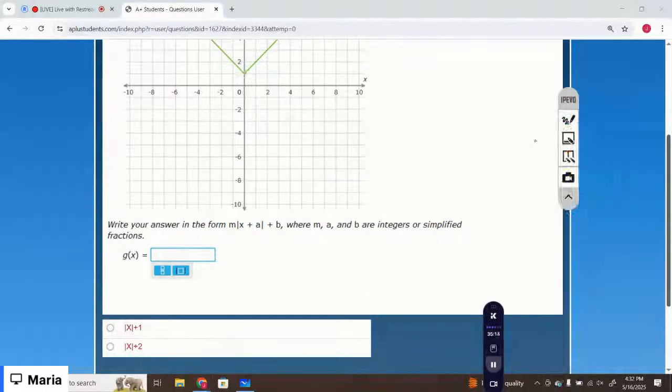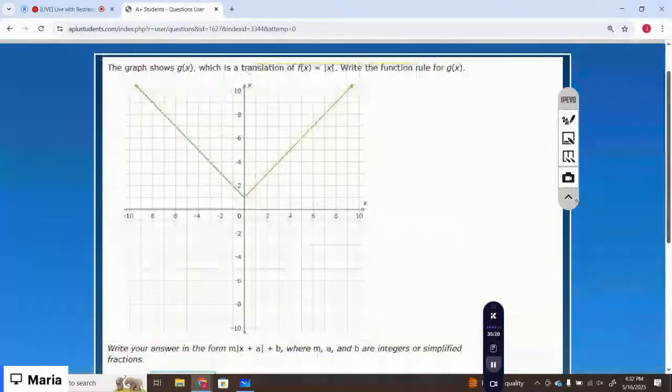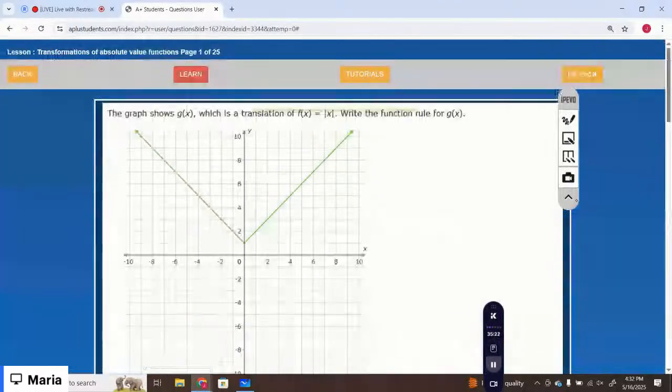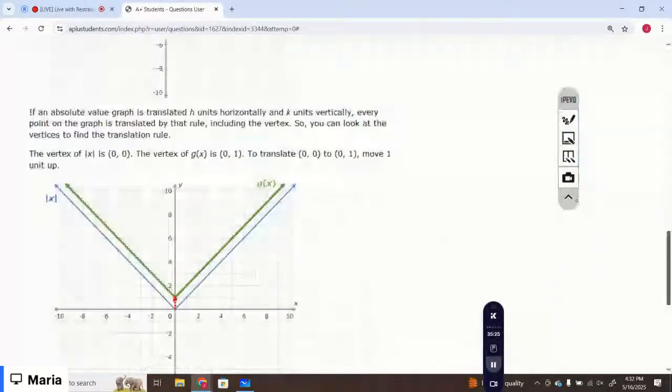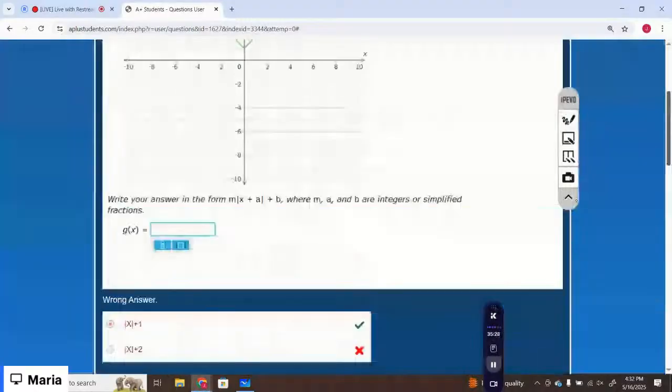That is absolute value of x plus. Option number 2 is the correct. I think that is, yes, that is x plus 1, because the point is just move 1, absolute value of x plus 1.